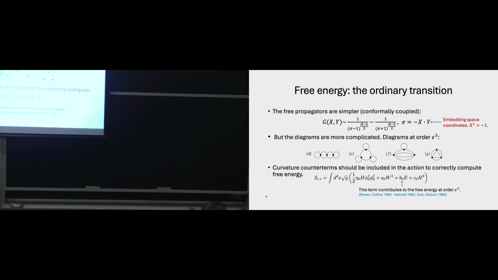And they know exactly what the fixed point B would be. H is, in our case, just R. It's proportional to R. E is the Euler. But okay, for AdS or sphere, it's still constant.